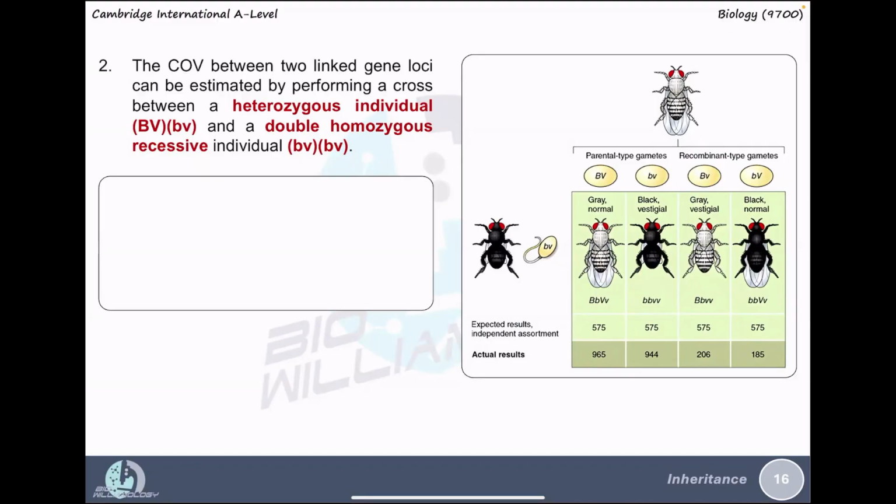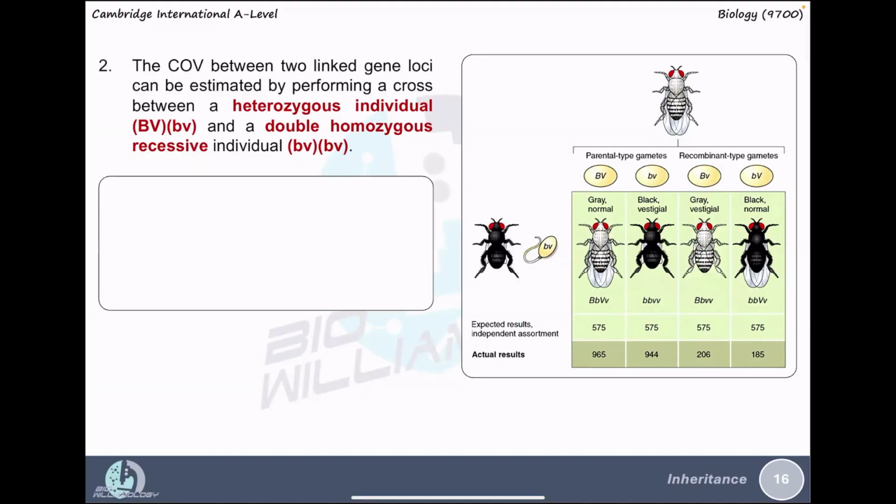Because of the crossing over, dominant B now pairs with recessive V, and recessive B combines with the dominant V. And because the occurrence of crossing over cannot be determined, it's not a 1:1 ratio in this case, okay, it may or may not occur. So the percentage of recombinant type gametes is much lower compared to the parental type gametes. Therefore, they produce a small number of recombinant type offspring.